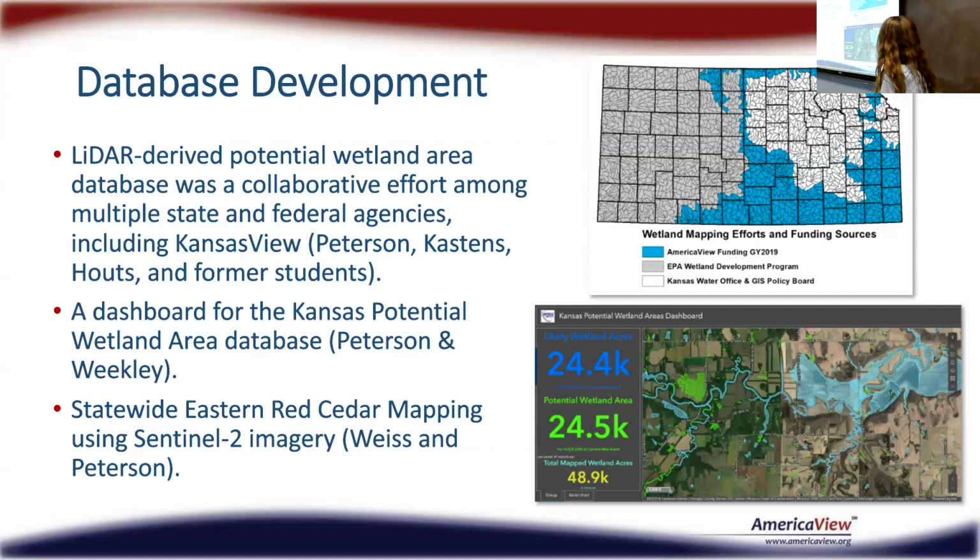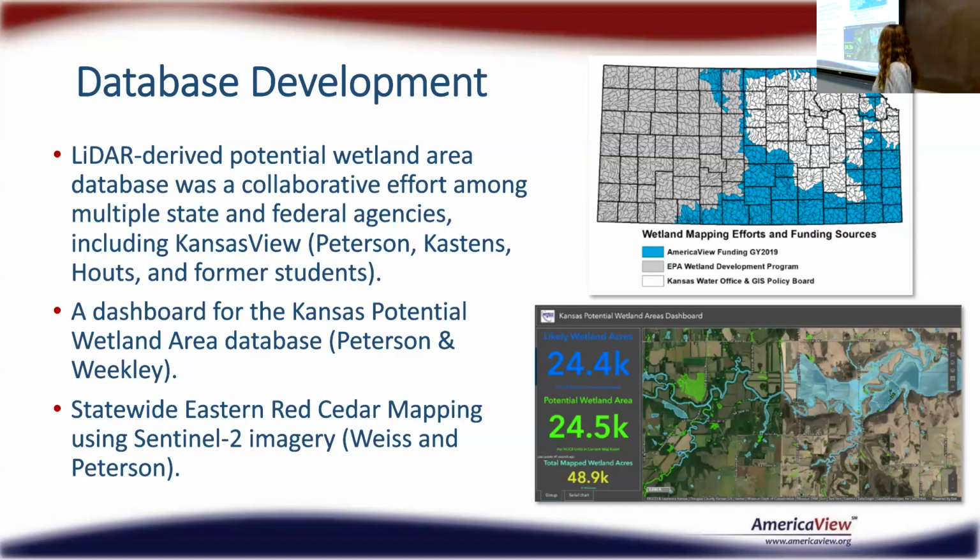Also, we've done a lot of wetland area mapping in the state of Kansas under KansasView funding. And again, this is where leveraging funds really makes a difference. You can see up here that we had funding from AmericaView, the EPA Wetland Development Program, mapping primarily those playas out west, and then the Water Office and GIS Policy Board. So we could cover the entire state with a potential wetlands database.